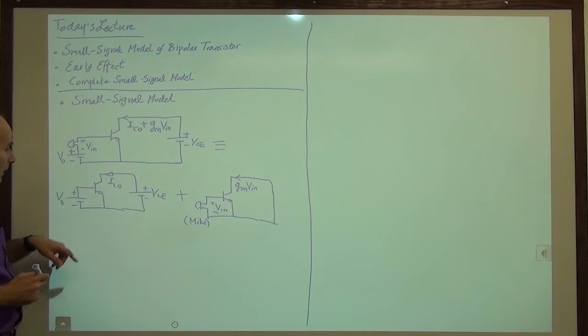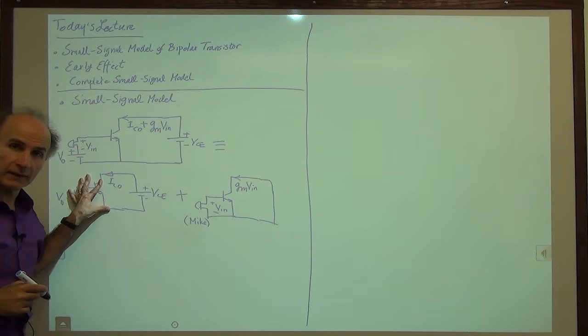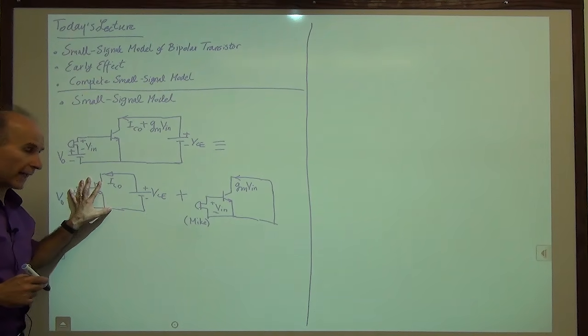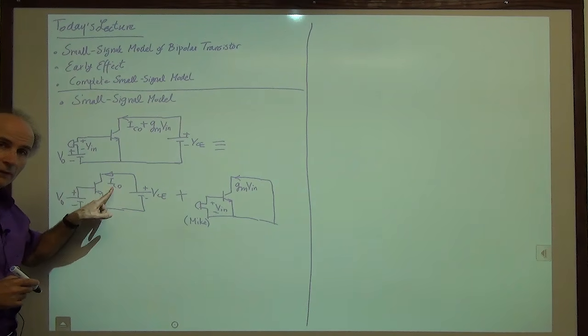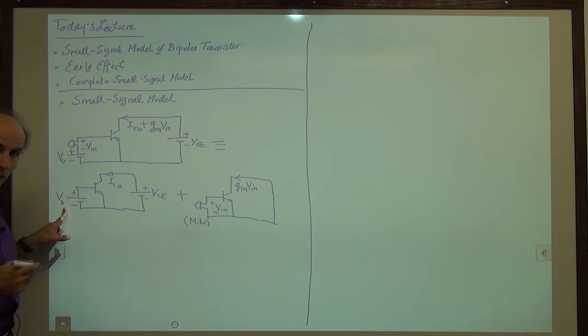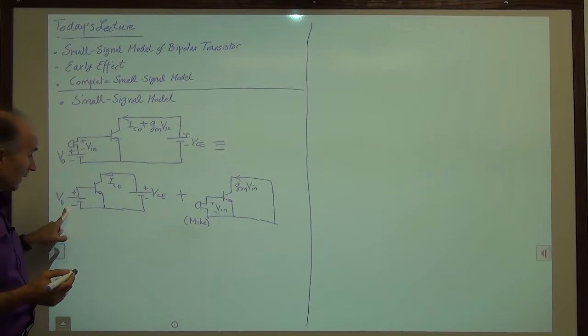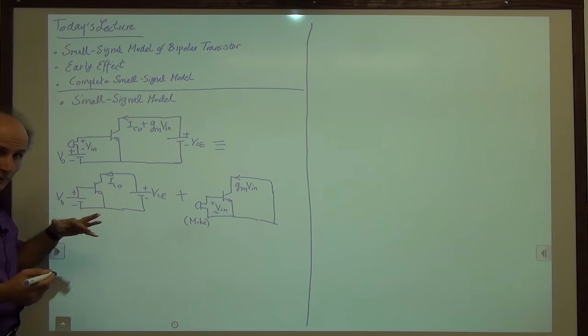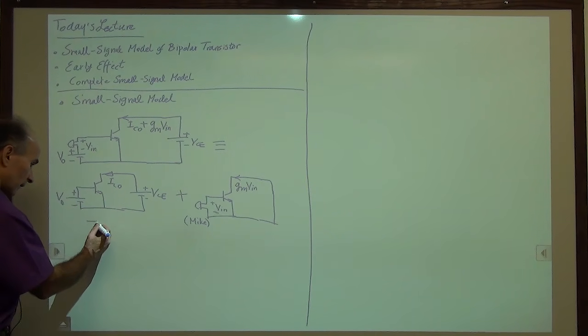Okay, so if I am given this circuit and I'm asked to calculate IC0 if I know V0, I know how to do that. I use the large signal model. I have an exponential here, calculate, and so forth. So for the large signal model, we draw that here.